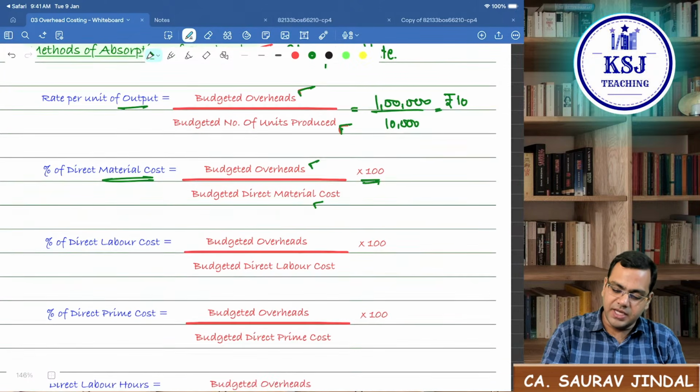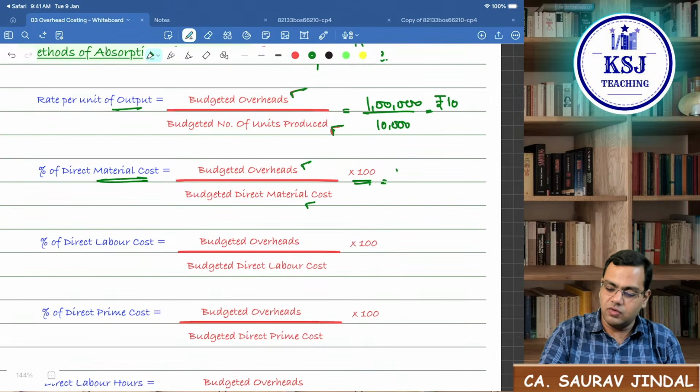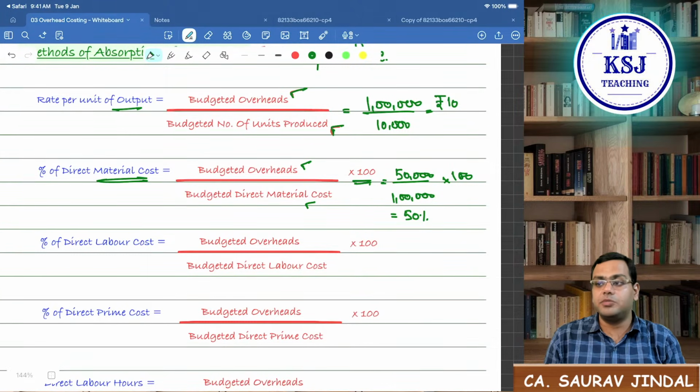So what I am saying is, if last year my overheads were 50,000, whereas my direct material cost was 1 lakh, I can effectively say what the absorption rate is, how you are going to recover the overheads. So in the next year, whatever the direct material cost will be, I'll take 50% as overheads.